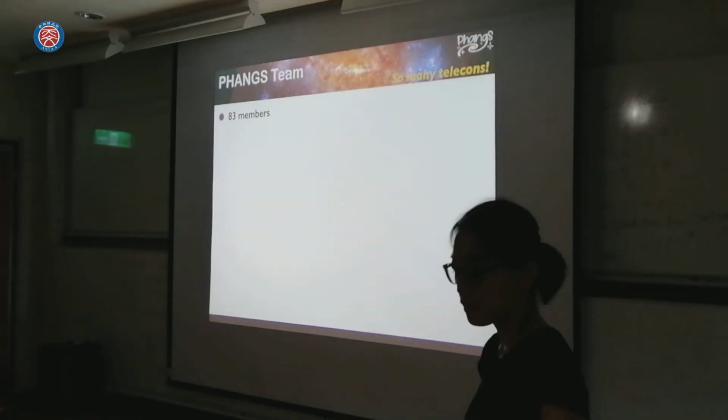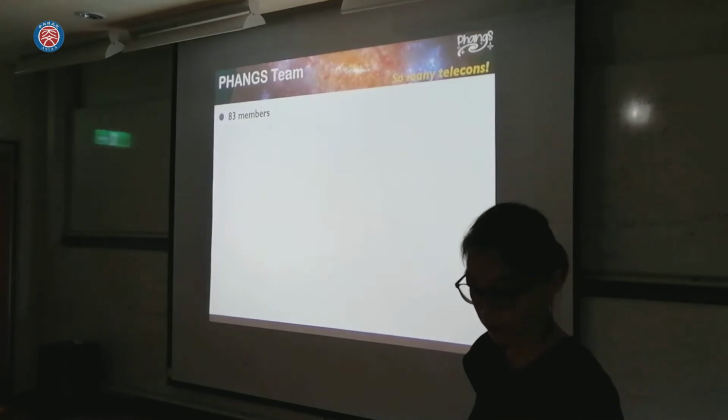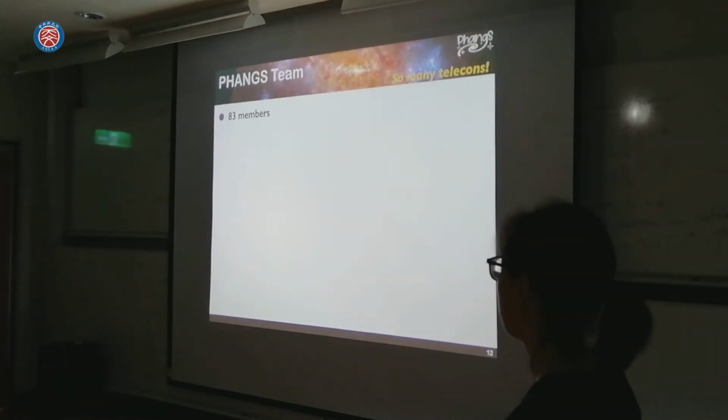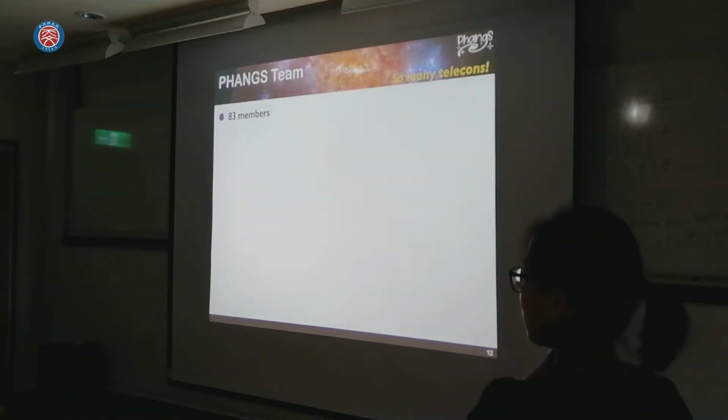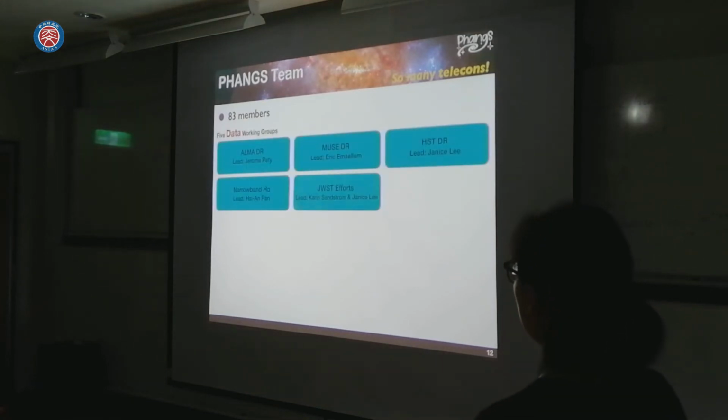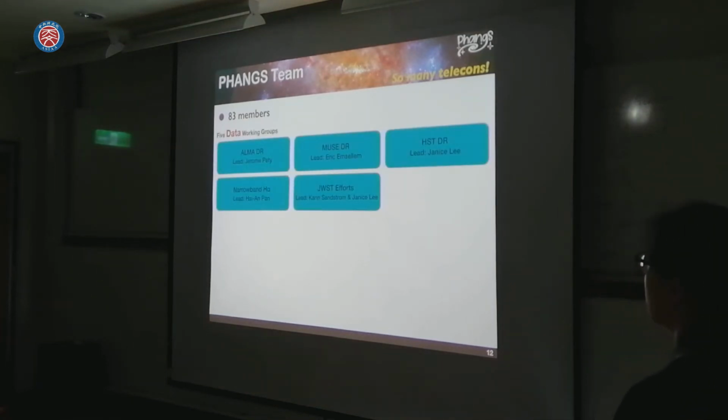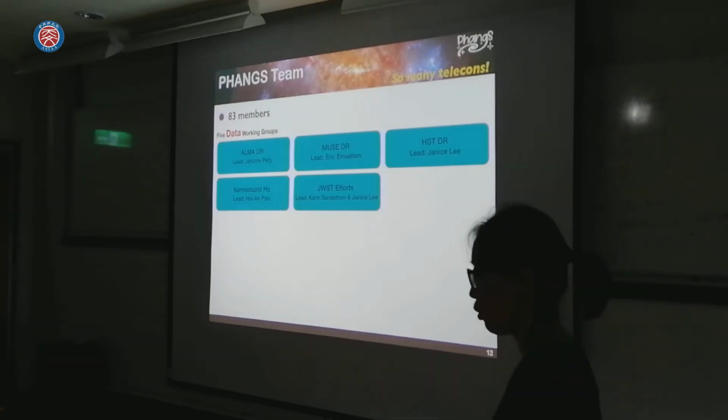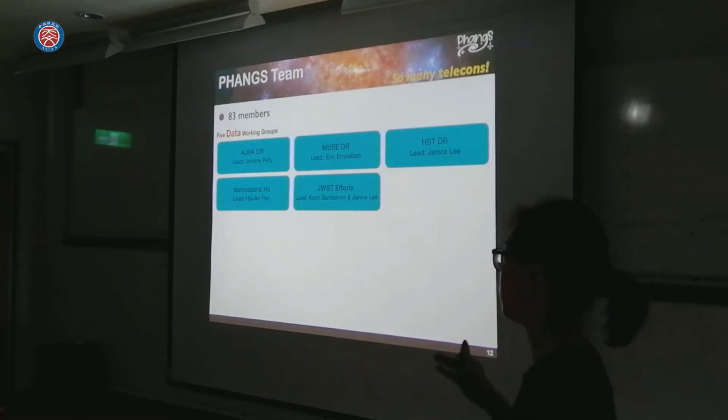So the PHANGS team, so far there are 83 members. It's a huge team. And these 83 members form 5 data working groups. The data working groups are in charge of data reduction, data release, and multi-wavelength survey papers.